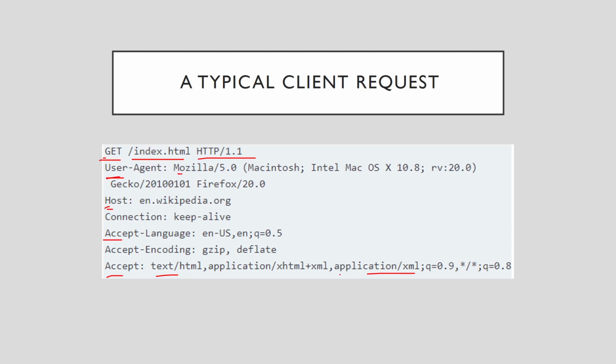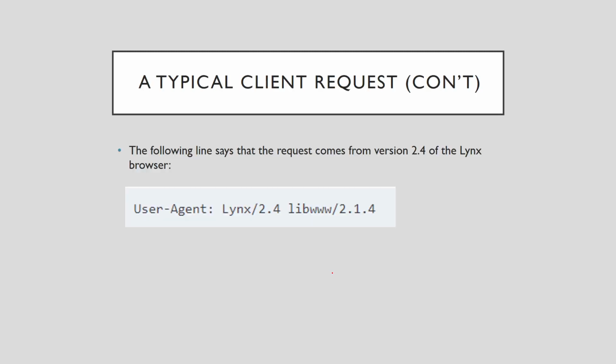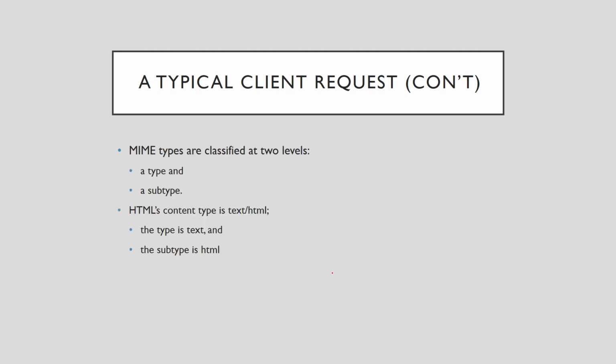Now, for the MIME types, MIME types are classified in two levels. Okay, we have the type and the subtype. The type shows very generally what kind of data is contained. Is it a picture, text, or movie?